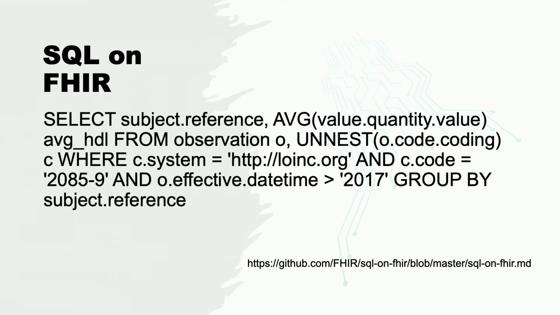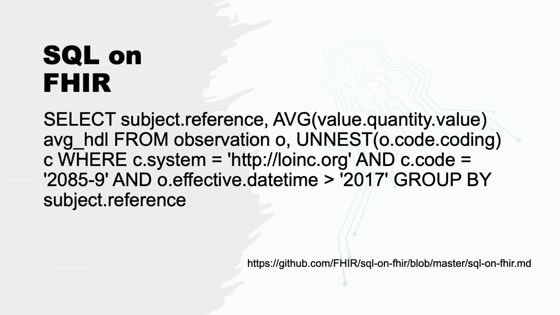What other ways can you analyze this? Well, there is an open source language called SQL on FHIR. SQL on FHIR basically is not ANSI SQL, but what it does is it tries to extend SQL with various operators like unnest to unnest those objects, or the dot operator to follow a path.